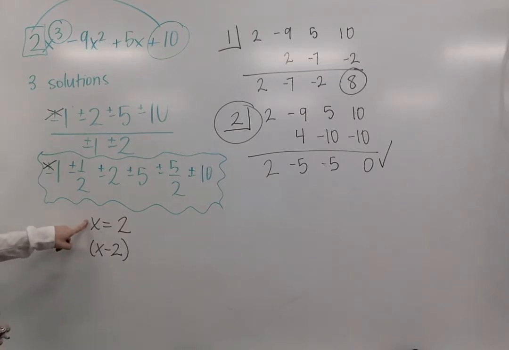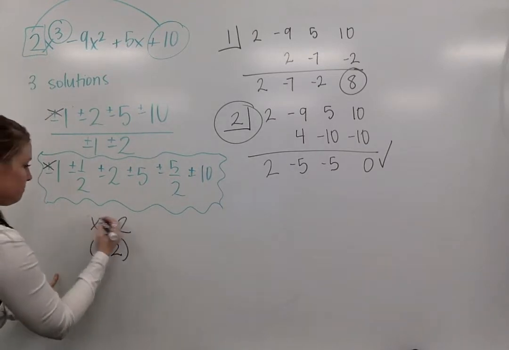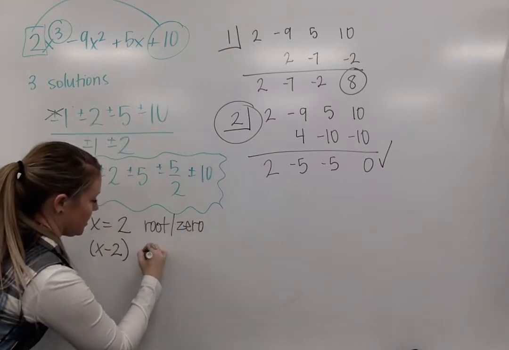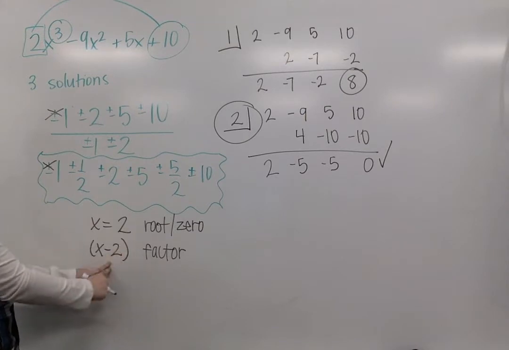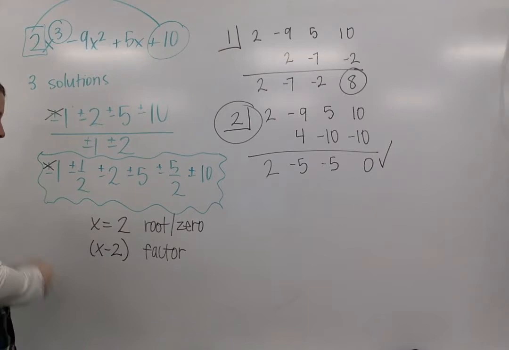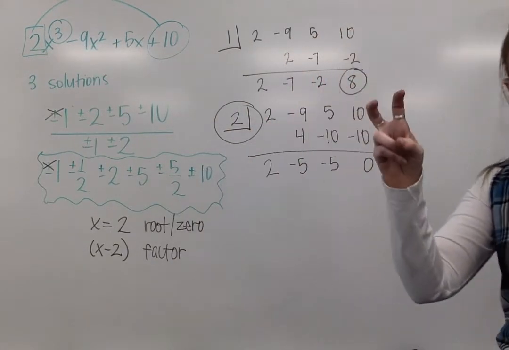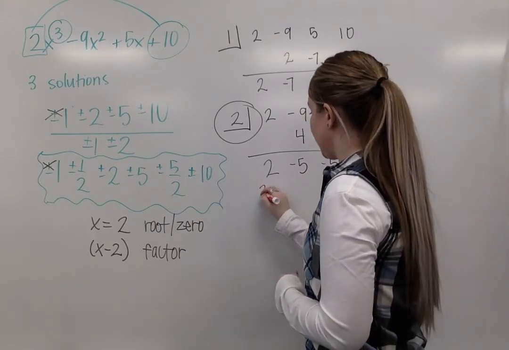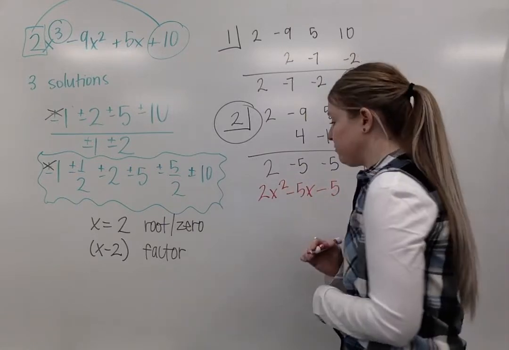This is a root or a zero, and this is its factor. We can see the answer 2 from the factor, and we can build the factor from the answer 2. If this is a factor, that means our resulting polynomial is also a factor. So right now, we're looking at 2x squared minus 5x minus 5.